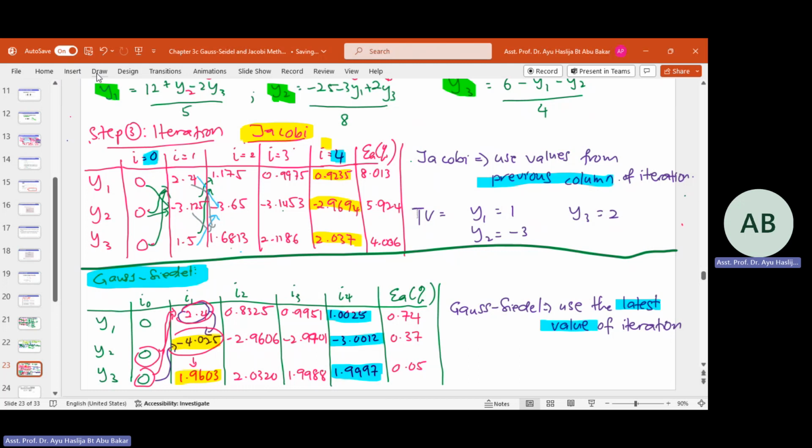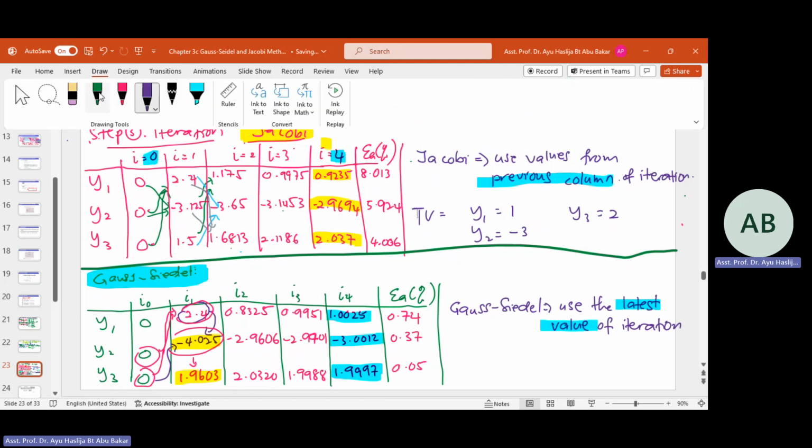We calculated using the calculator to find the true value, to validate the answer.